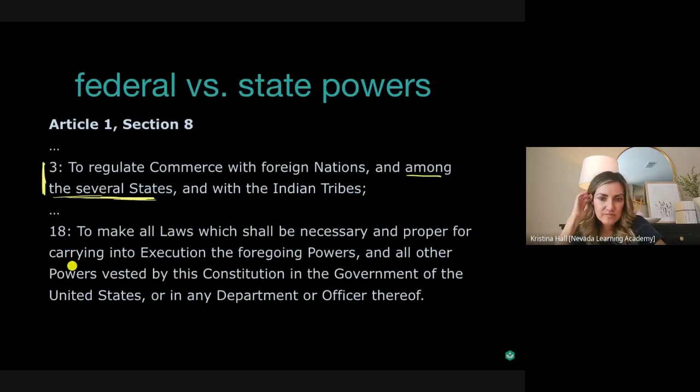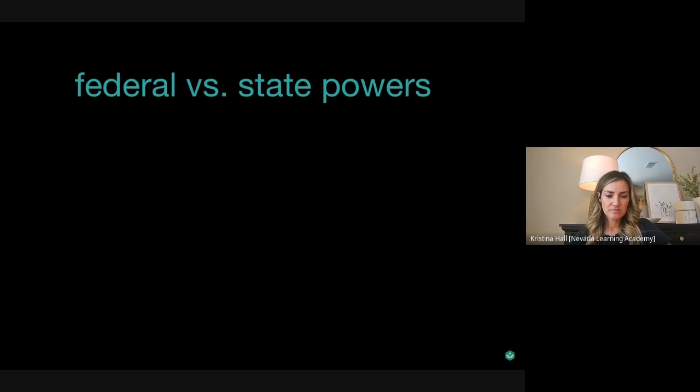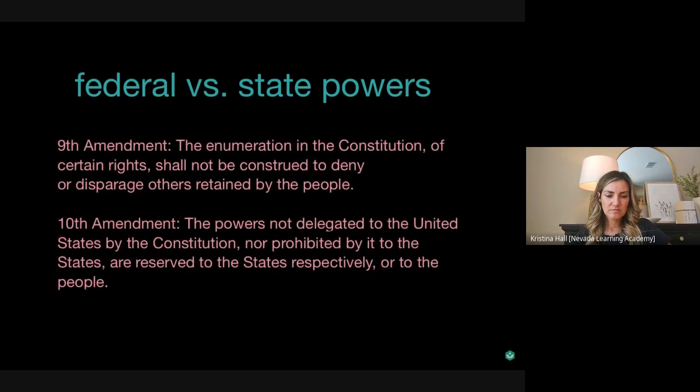And the thing that really gives power to even the enumerated powers is the necessary and proper clause, to make all laws which shall be necessary and proper for carrying into execution the foregoing powers. This necessary and proper clause creates a lot of implied powers. You can imagine it is not something that made the anti-federalists very happy. They were worried about power grabs by the federal government. And so you have the Bill of Rights, which are the first 10 amendments.